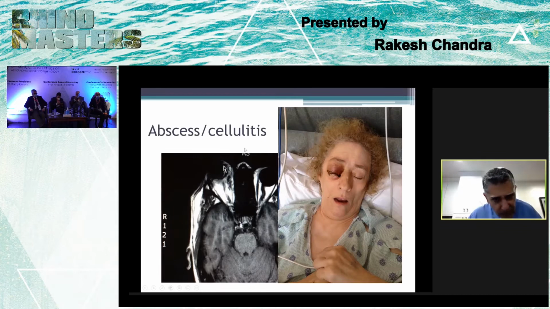And so this is another indication for orbital decompression. In a case like this, one could also temporize the situation by doing a canthotomy and tendinolysis, as I showed you for the hematoma.